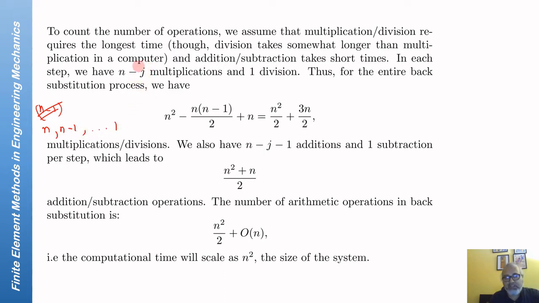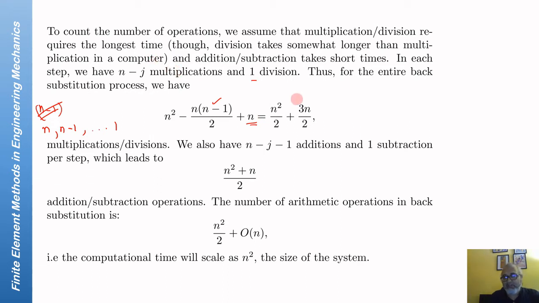So when you sum this up, it will be 1 to n summation, which is n into n minus 1 by 2. And then you have one division per step. There are n steps, so there are total n divisions. So in the n steps that you have to do, this will give rise to n square, this will give rise to n into n minus 1, and this one division will give rise to n.